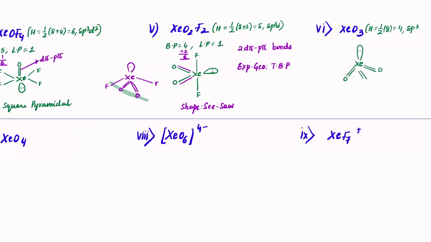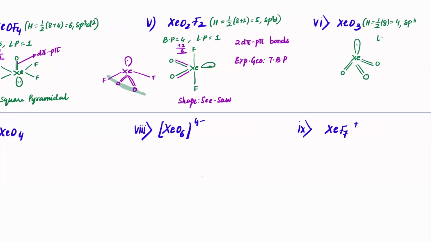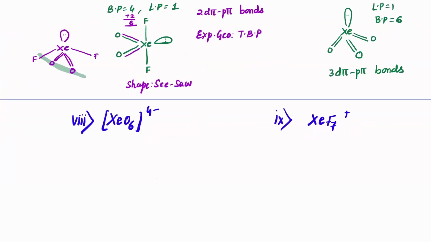So out of the tetrahedral positions, only 3 positions are occupied. One will be a lone pair. So you can see the lone pair is 1. Bond pairs, now I'm counting all of them. How many? 6. 3 sigma and 3 pi bonds. And the number of d pi p pi bonds, how many do we have? 3 d pi p pi bonds we have here. Okay. What is the shape like? The shape in this case is pyramidal.